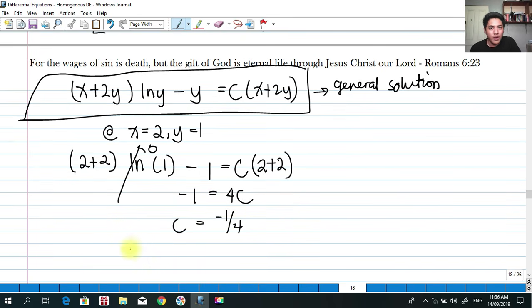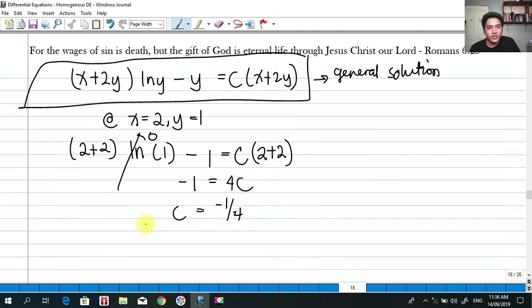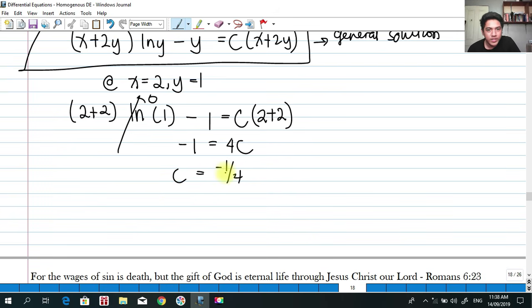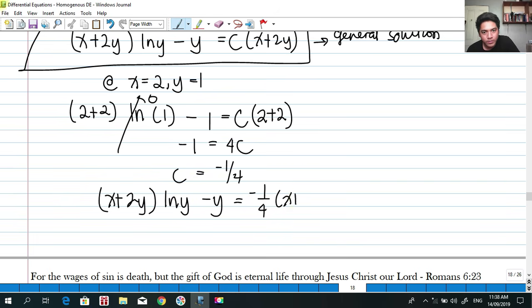If we go back to our equation, our c now is negative 1/4. Simply substituting back to our general equation, we have x plus 2y, ln of y minus y is equal to negative 1 over 4, x plus 2y. Multiply both sides by 4.